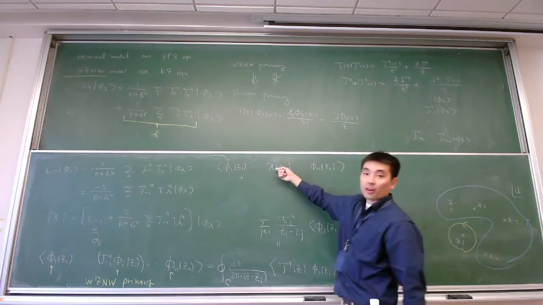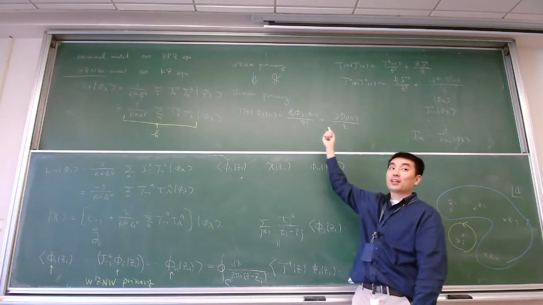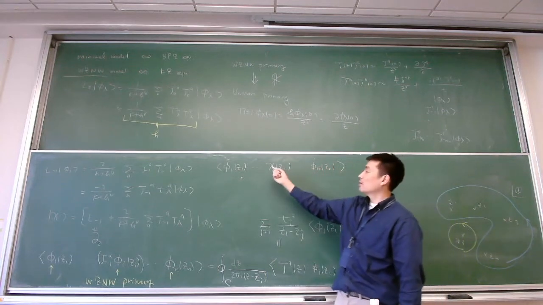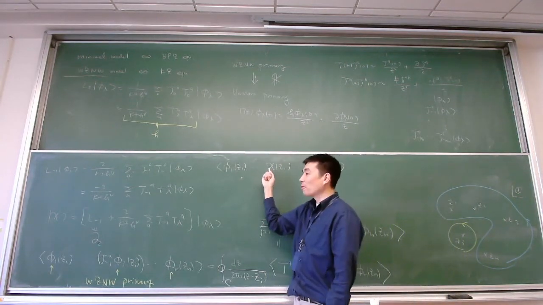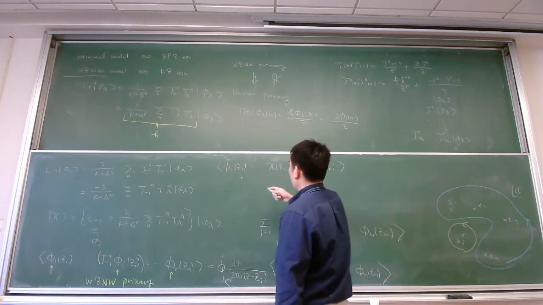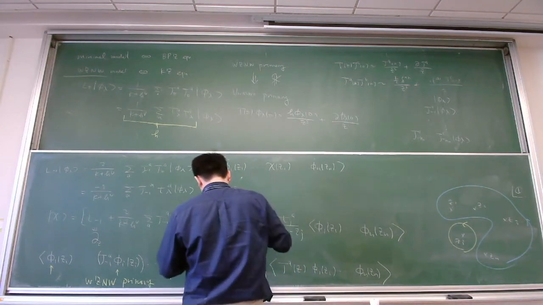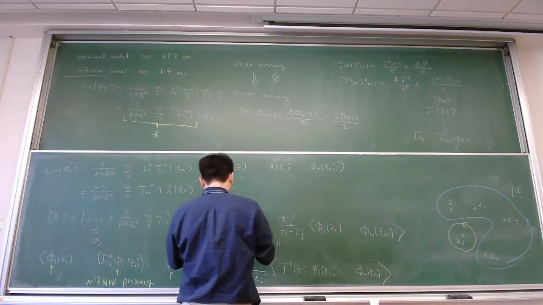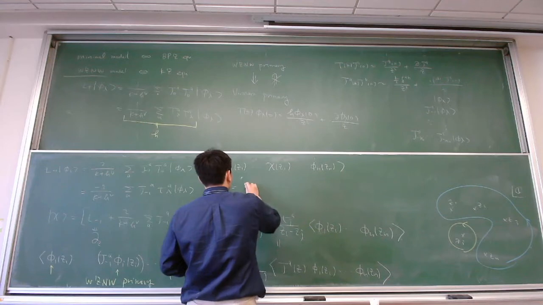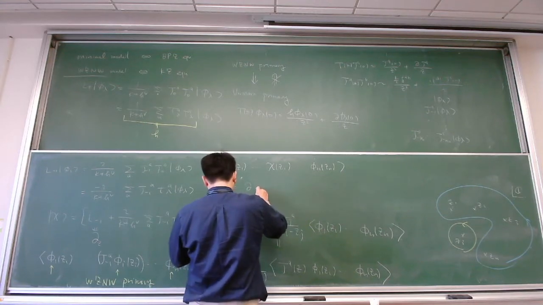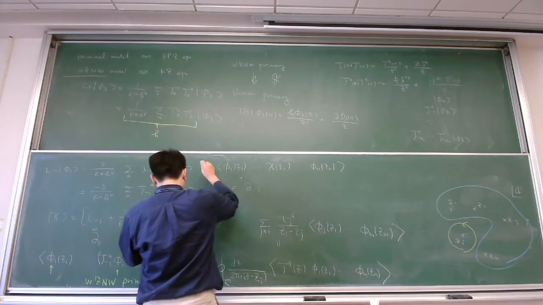Of course, this is already a new state. A new operator can annihilate the vacuum, and this can be understood as partial derivative with respect to Zi, so this is equal to 0.